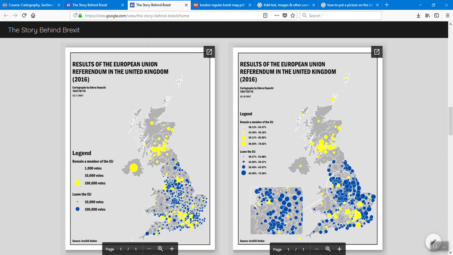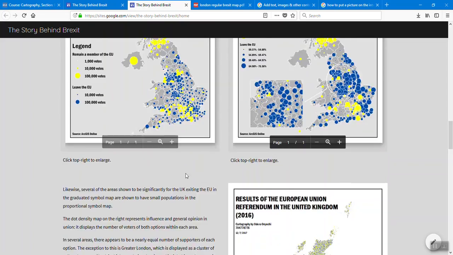For example, you can see from the graduated symbol maps that in a lot of voting areas in Britain there were higher margins and they supported leaving the EU more, but in the proportional symbol map you can see that they don't have very high populations, so their votes didn't count for as much as some other places.